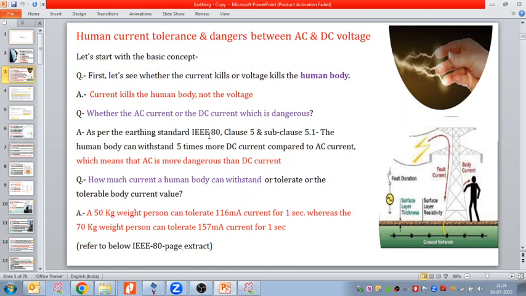As per IEEE 80, clause number 5, sub clause 5.1, this book is telling, this is not my opinion, that the human body can withstand 5 times more DC current compared to the AC current, which means the AC is more dangerous than the DC current. Right?